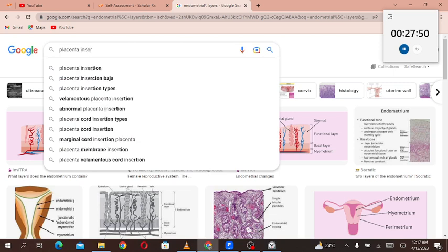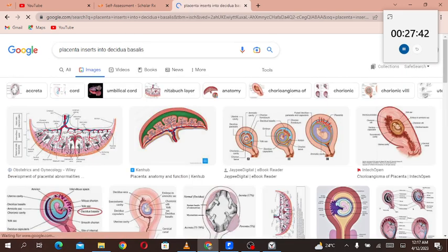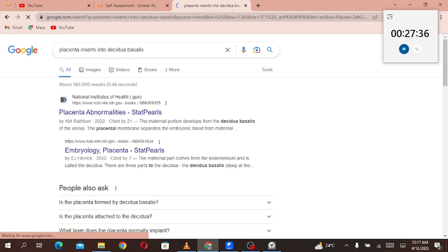Placenta inserts into decidua basalis of the uterus. So the maternal portion develops there.